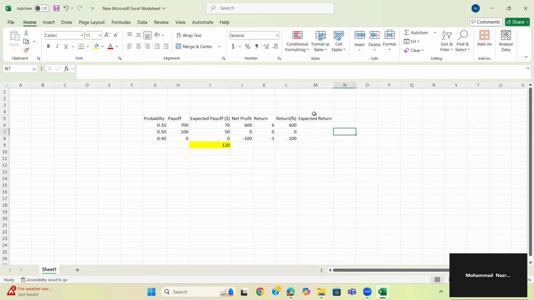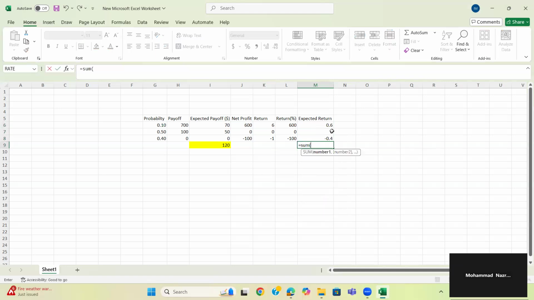So let's say we use the fractional value because the probability is also in fractional. So let's stick with this one. So return 6, and then we multiply with probability. Thus we have 0.06. We just write down here, and then we sum these three numbers.